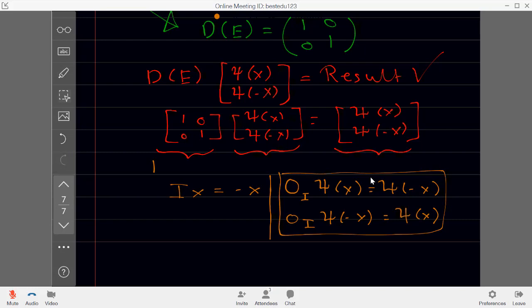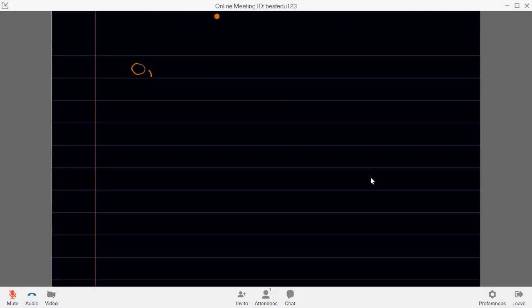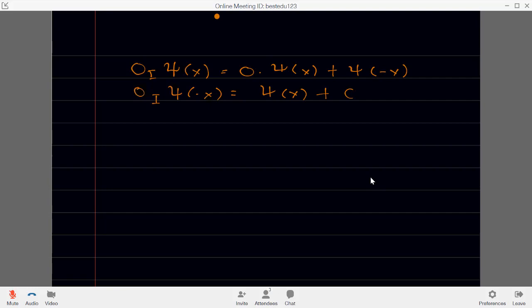So OI, when it acts on psi of x, in terms of the basis, I don't get psi of x, but I do get psi of minus x. And when OI acts on the basis psi of minus x, I get psi of x because minus x goes to x, and I don't get this one, so I write 0 into psi of minus x.